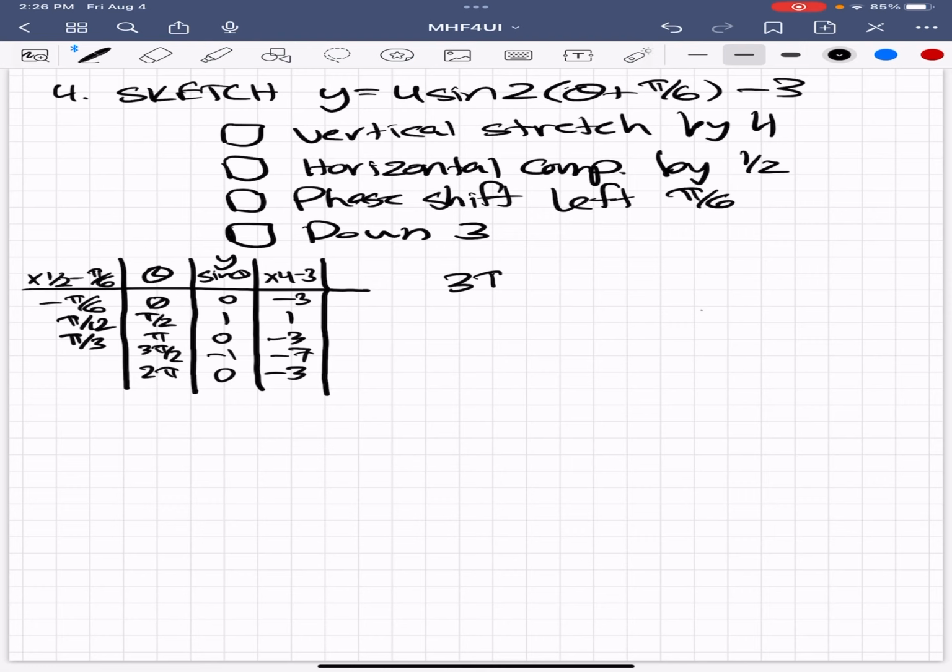So 3 pi over 2. I'm sorry about the equal signs, and we're going to do times a half minus pi over 6. So 3 pi over 4 minus pi over 6. 12 is a multiple, so we don't have to reduce.